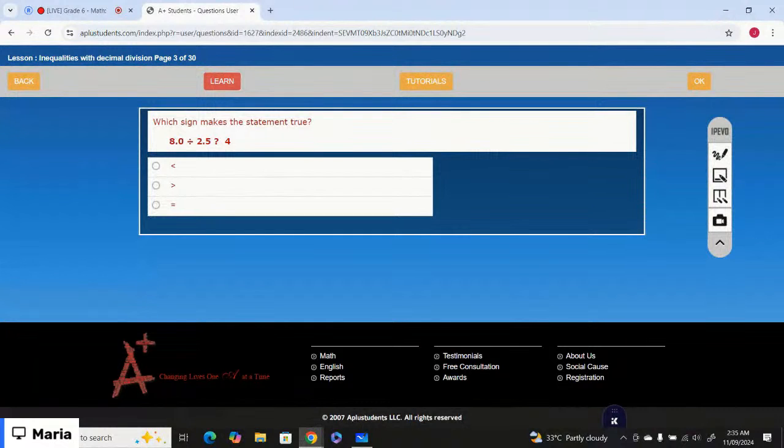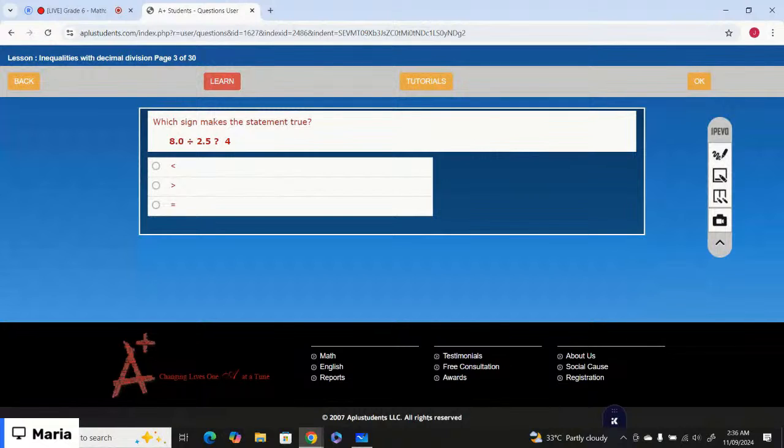The next one is 8 divided by 2.5, compared with 4. Which is the correct option? 8.0 divided by 2.5, and you have to compare it to 4.